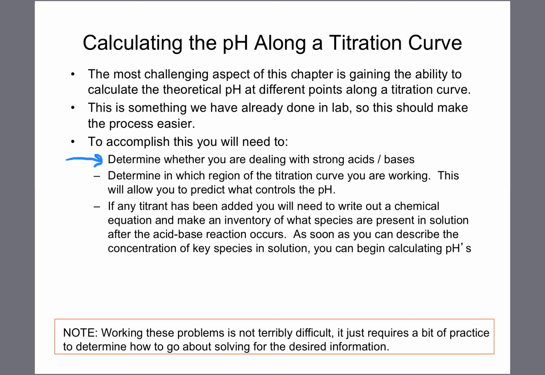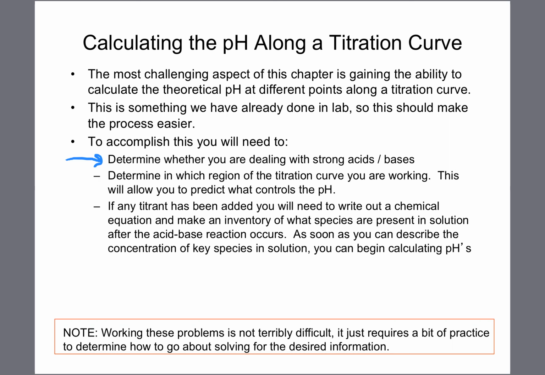Is this a weak acid with a strong base? What are the chemical characteristics of the acid and the base that I'm titrating? You have to figure that out first. And that's why memorizing that list of strong acids and bases is so crucial. If you're dealing with components on that list, strong acids and bases, you handle it one way. If you're dealing with weak acids and bases, you do it a little bit differently, okay?